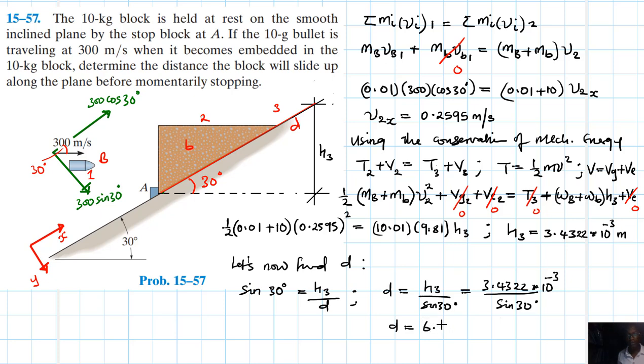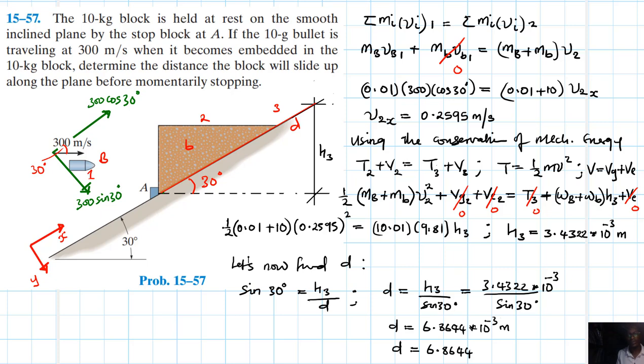This is 6.8644 times 10 to the power -3 meters, and therefore d is just going to be equal to 6.8644 millimeters.